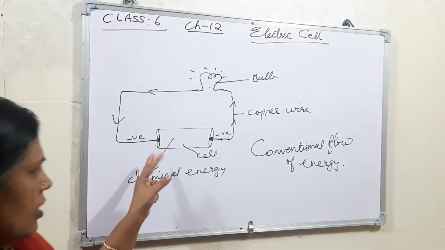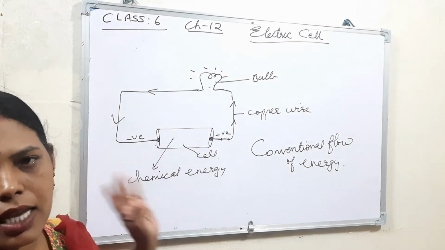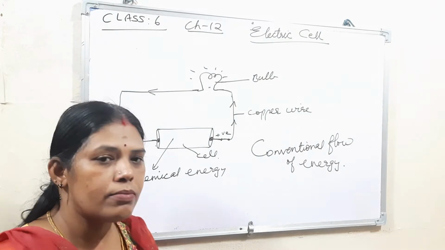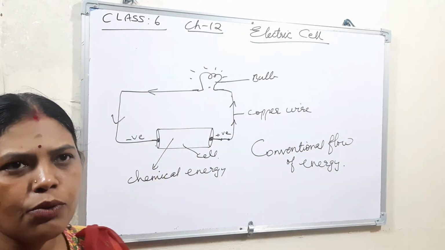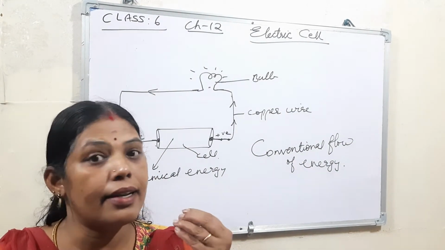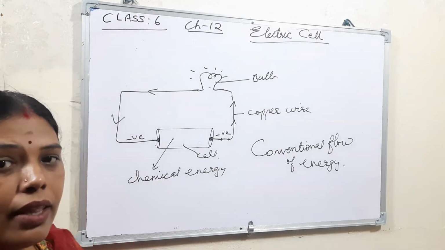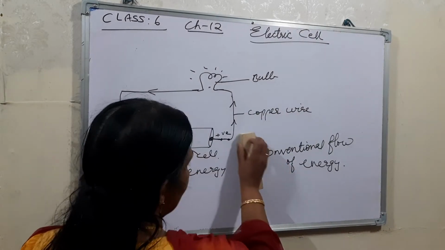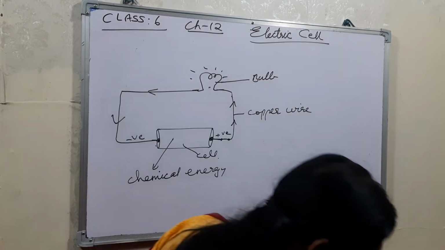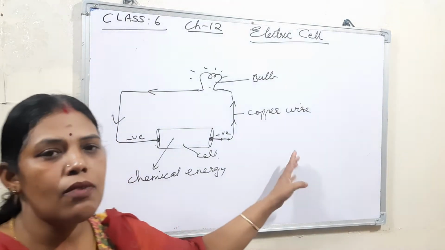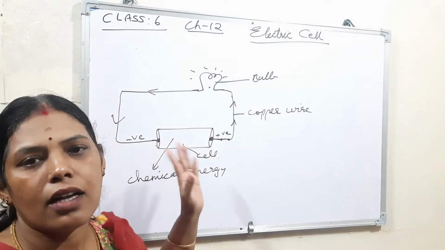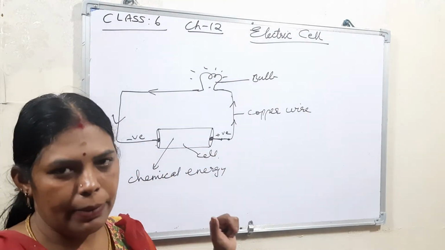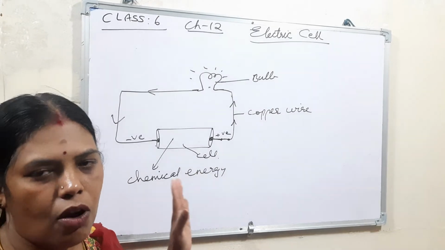Now you can make a simple circuit with a lemon. Understood, children, the conventional flow of energy means the current always passes from the positive terminal to the negative terminal.